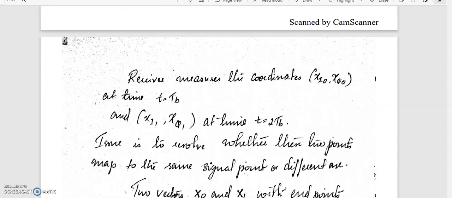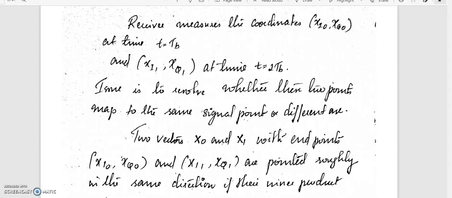Then how I am going to find out the symbol is, the receiver first measures the coordinates of the in phase component and the quadrature phase component, that is xi0 and xq0, at time tb. Similarly, at time 2tb, again it finds the in phase component and quadrature phase component.